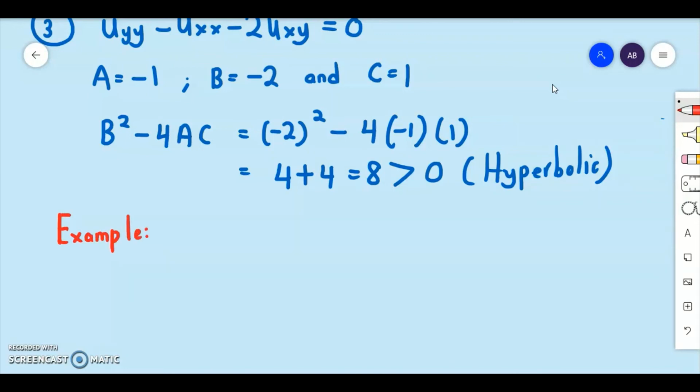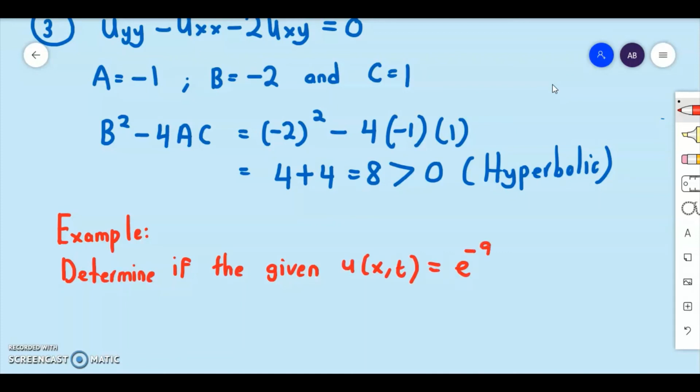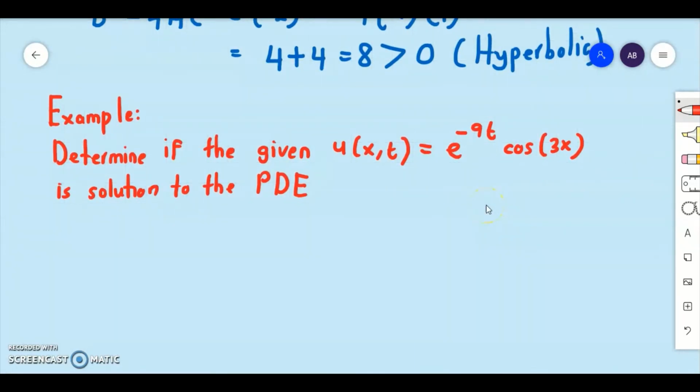The example is: determine if the given u(x,t) equals e to the negative 9t cos 3x is a solution to the PDE given as partial u over partial t equals partial squared u over partial x squared.